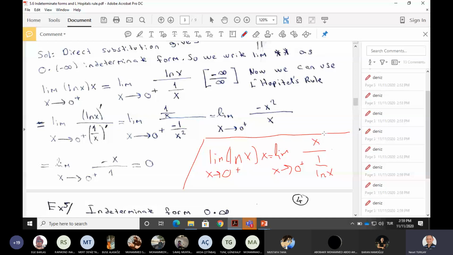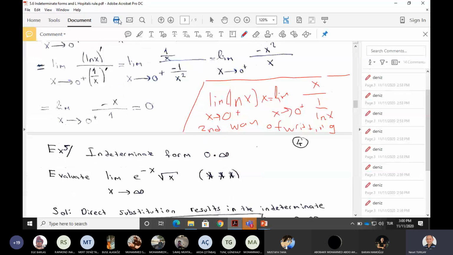But when you take the derivative, derivative of x is 1, but then you should take the derivative of 1 over ln x. Then you change it to ln x to the power minus 1, and use the chain rule and so on. So as you see, it will take a little more work. And if you don't know the chain rule, you cannot solve this. Here, without the chain rule, we solve the question. Do you understand? Yes. This is the second way of writing. I will not go into details, but I am showing you how you can also write it.